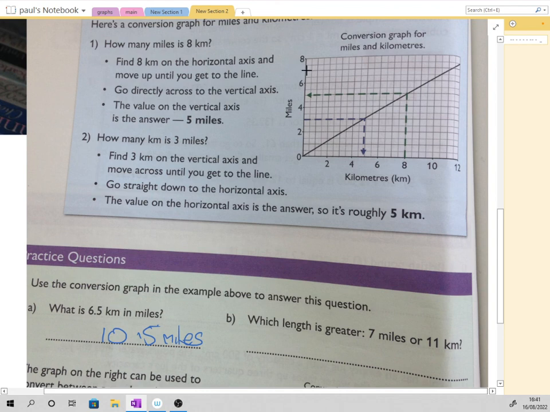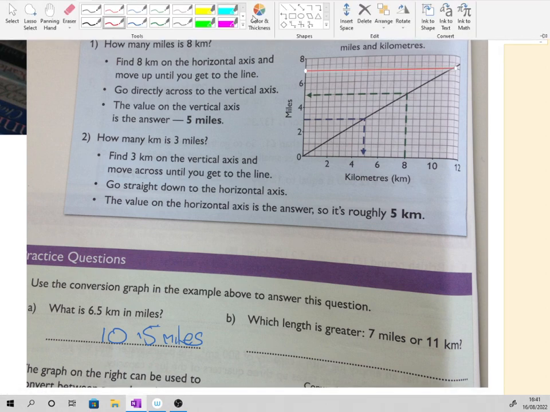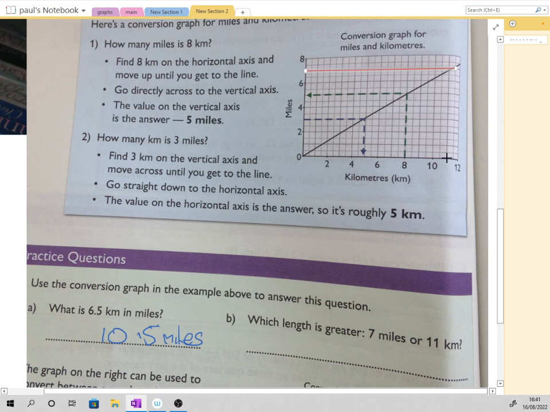Go from 7 miles, which is there, along to there, and then we do the 11 kilometers, which is there, and they don't meet, do they? But this one is further up the line, so that's greater. It's about 11.5 kilometers. So the greater is 7 miles.